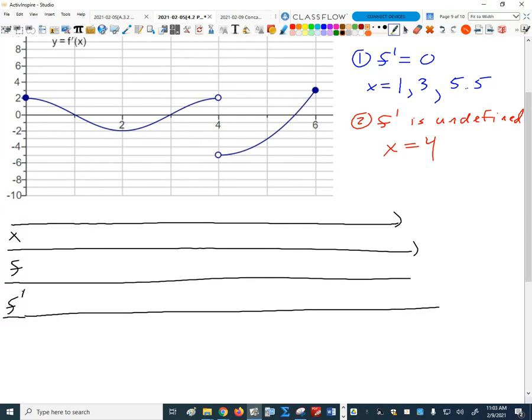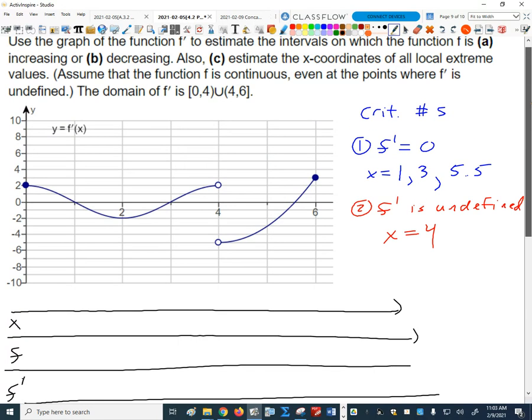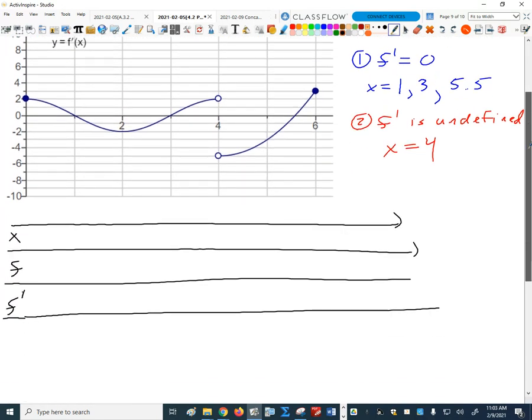So you guys told me the domain appears to start at 0, and on this end, it ends at 6.